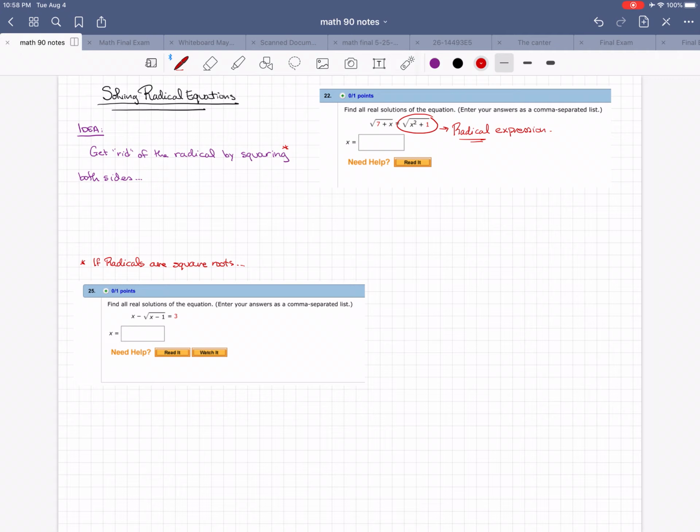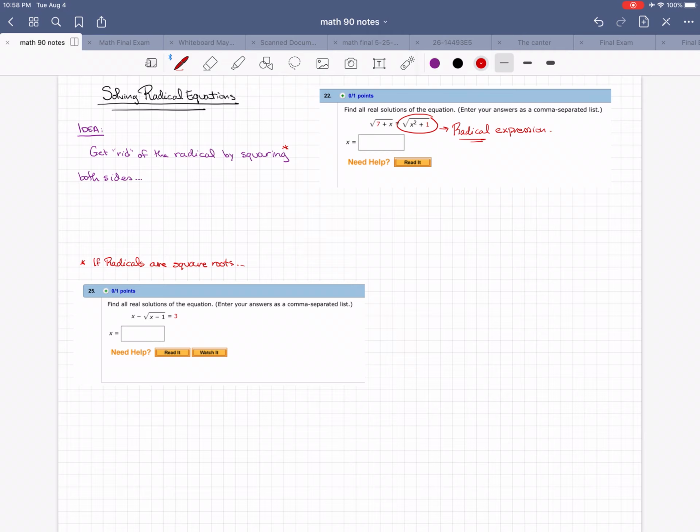So to get rid of the radical, you essentially undo whatever it does. For example, if they were cube roots, we would cube both sides. If they were fifth roots, we would raise both sides to the fifth power. But for our purposes, they're going to be square roots, I think, in all cases. So we're going to be squaring both sides.